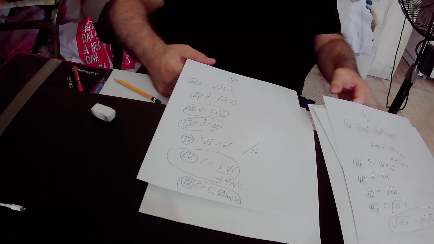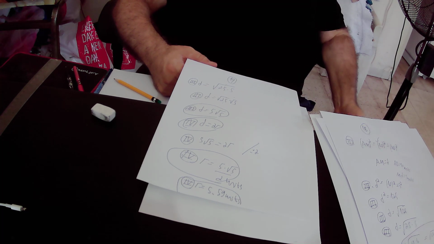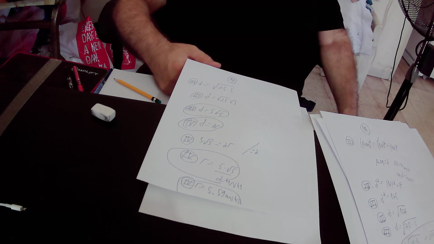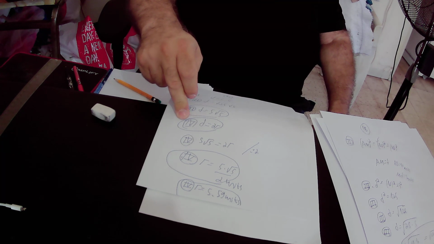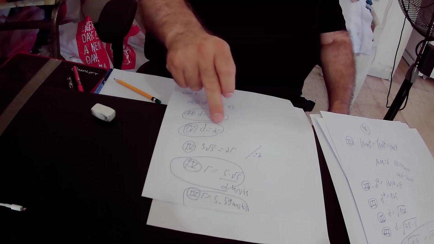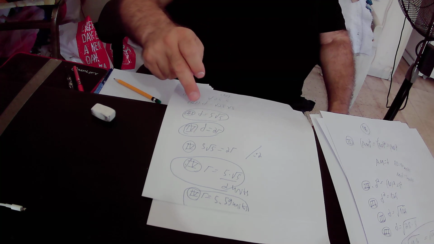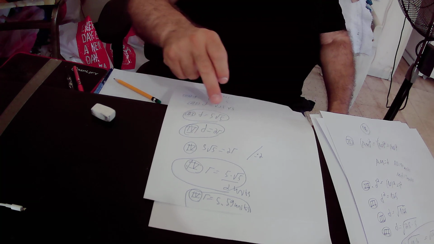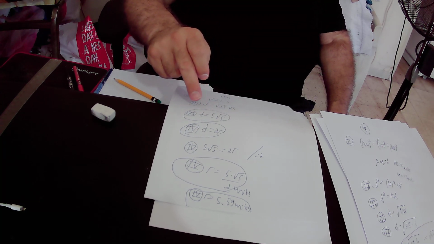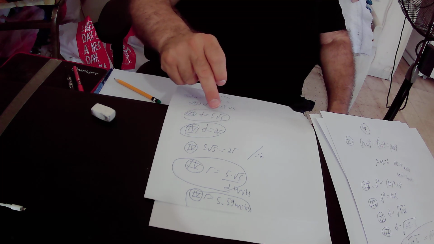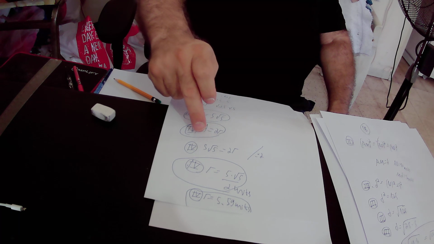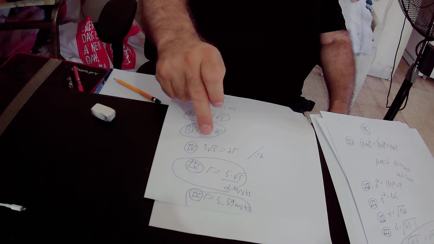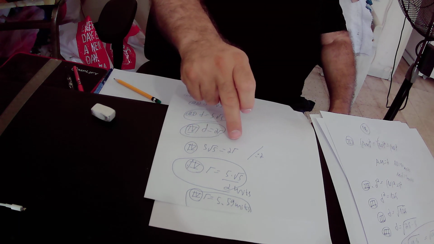But we know that the diameter in any circle equals 2 times the radius. So we can create equation number 4 that states that the diameter equals 2 times the radius. But we know that D equals 5 times root 5, so we substituted D by 5 times root 5, and we got that 5 times root 5 equals 2 times the radius.